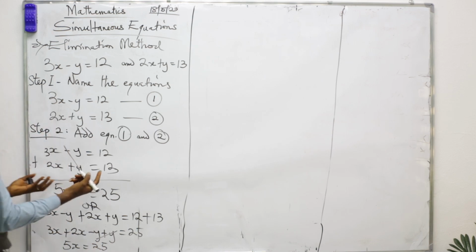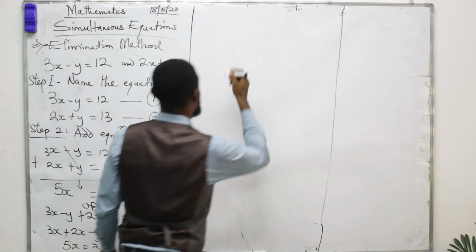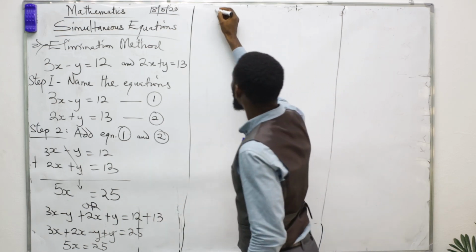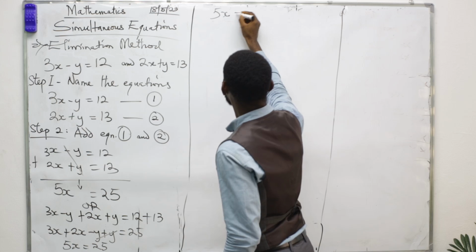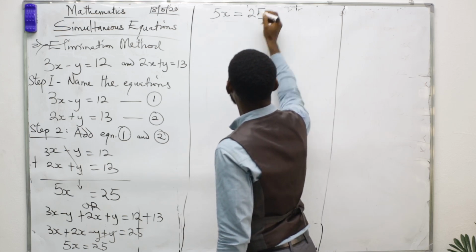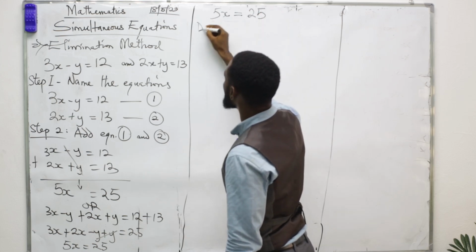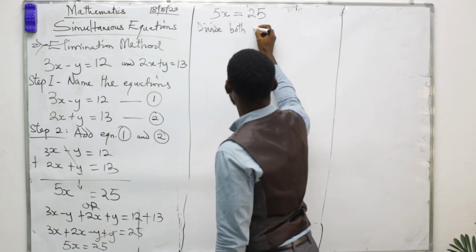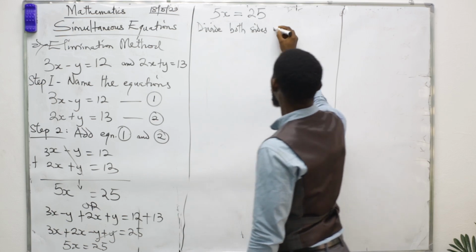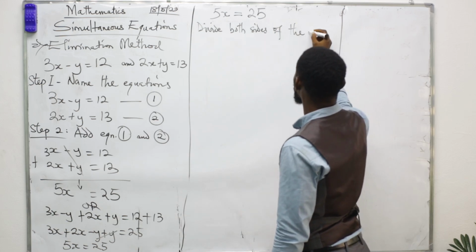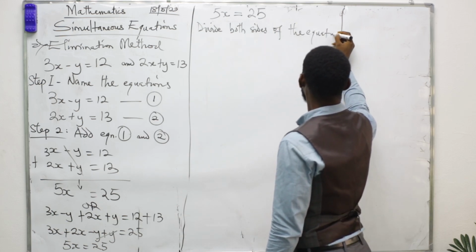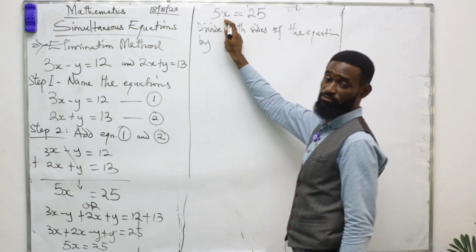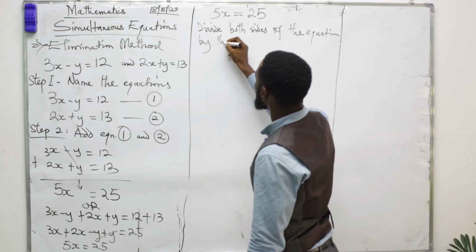Having gotten this, what we simply have to do is get the value of x. So we have 5x is equal to 25. To get the value of x, divide both sides of the equation by the coefficient of x, which we are looking for.